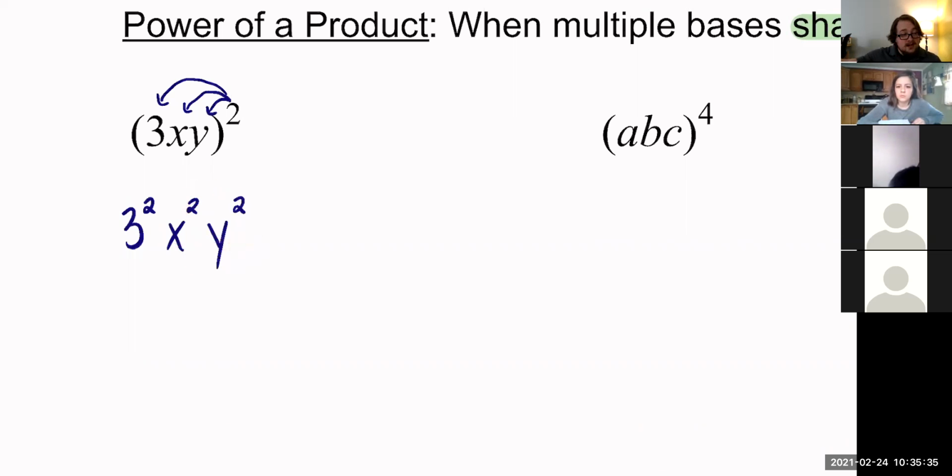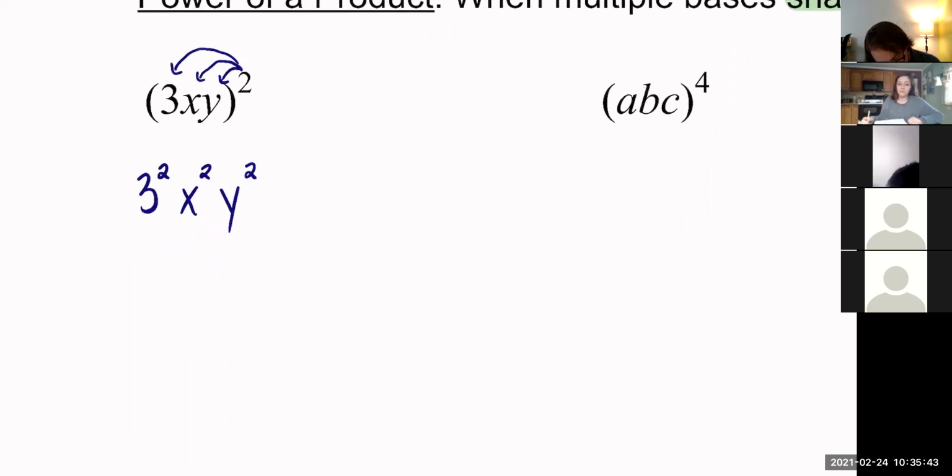But Leanna did point out for me, I can actually evaluate 3 to the power of 2. What is 3 to the power of 2? Nine. It doesn't look like it changes much, but maybe it's a little bit more useful later. So Miranda, you're right there as well.